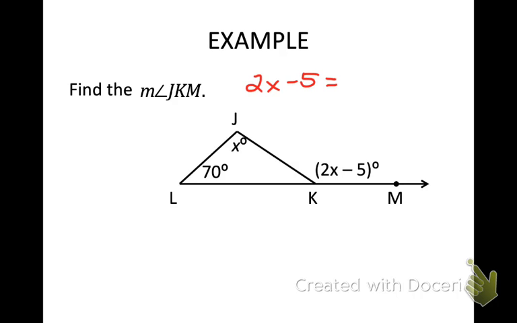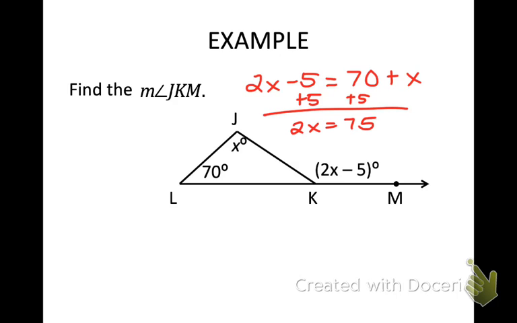It will be equal to what plus what? 70 plus x. How do we solve that equation? You take 5 and add it to 70, which makes 75. Then you subtract x, so x equals 75.